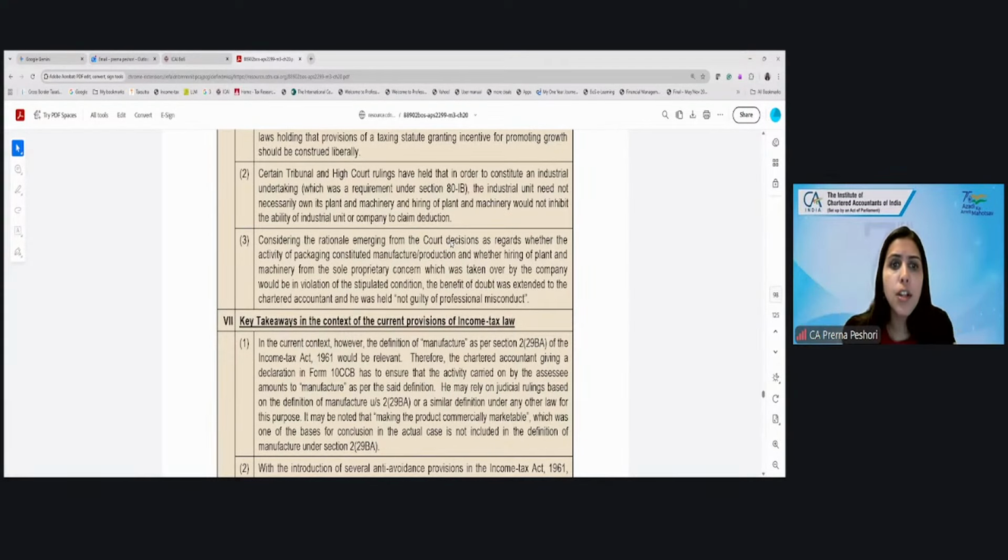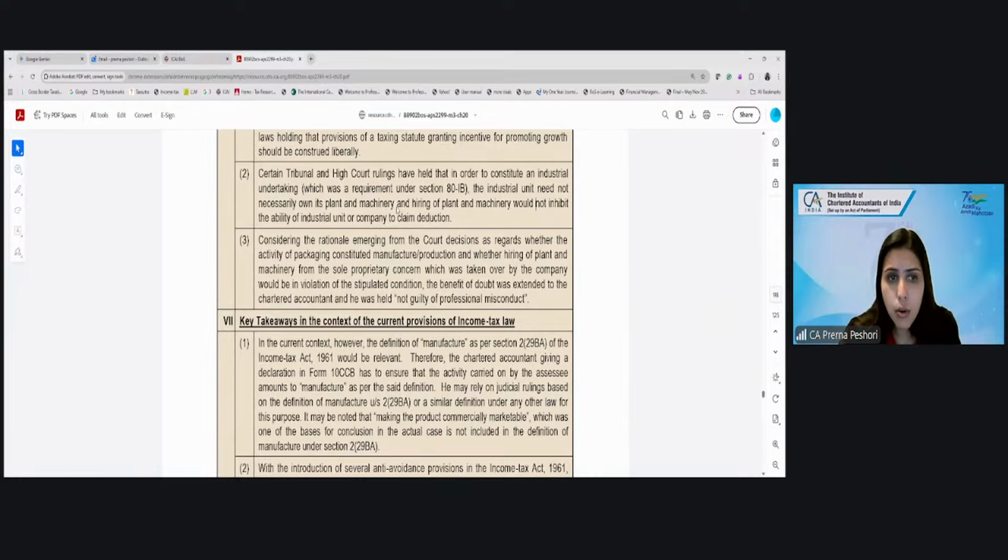The benefit of doubt can be extended to the CA because he has relied on certain judgments and he is not guilty of professional misconduct, because there are different viewpoints.